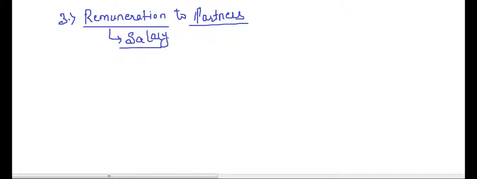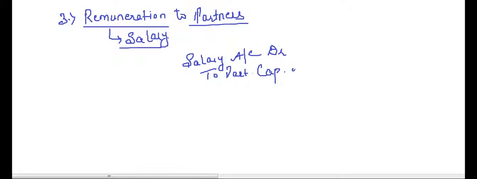Now it becomes very simple for you to understand that the partnership firm is paying salary. It is an expense for the firm. What will be the entry? Salary, or whatever the remuneration, maybe in the form of commission. Here it is salary: salary account debit to partners' capital account.